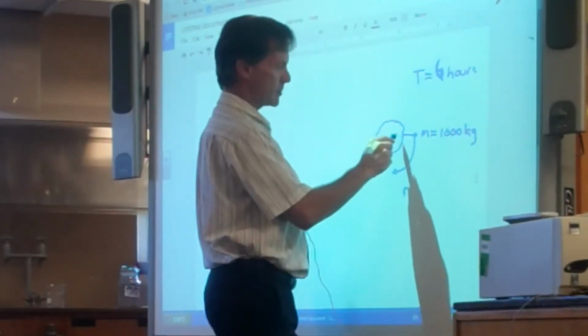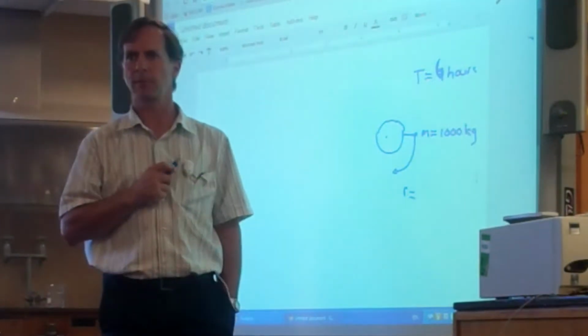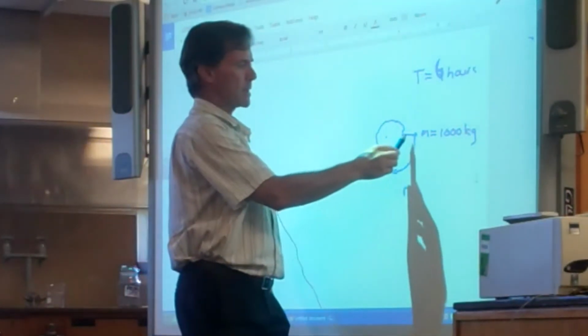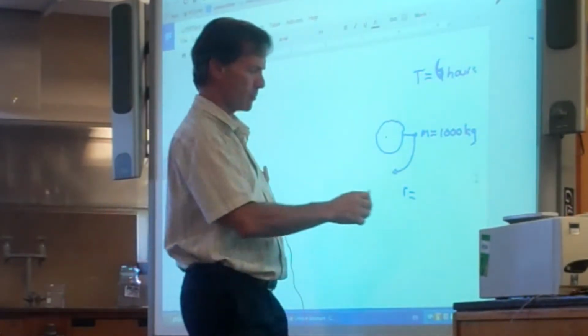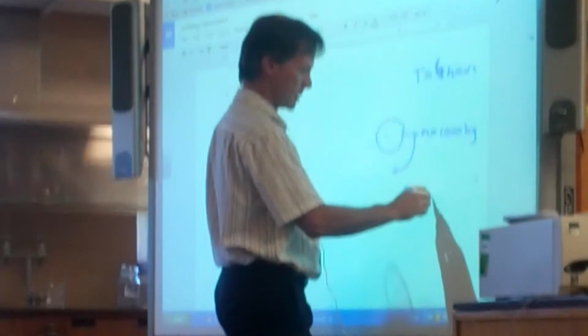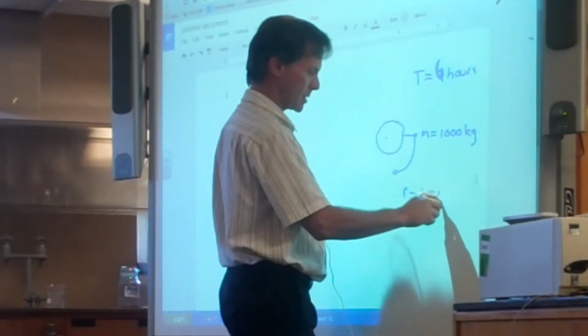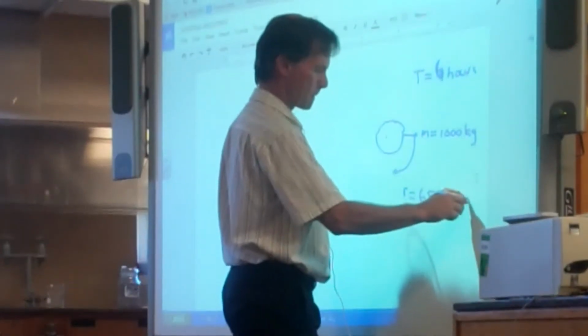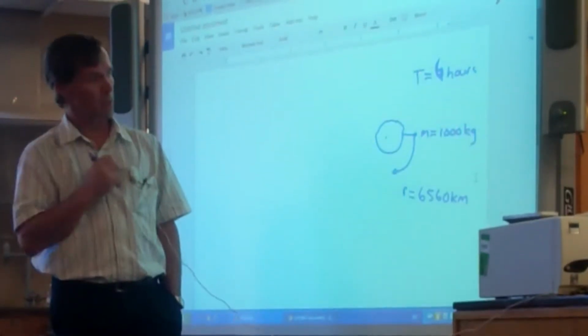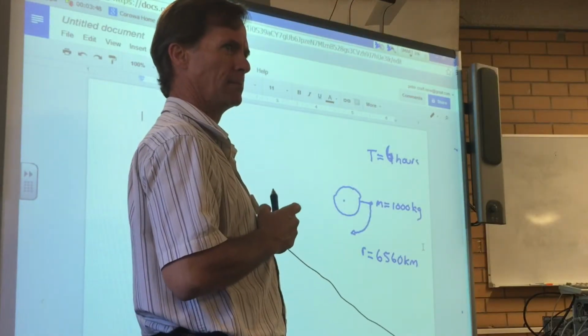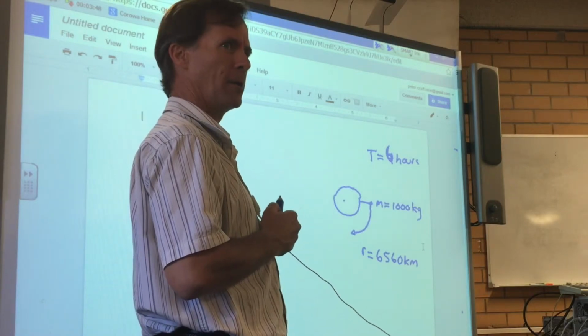So from there to there is 6,360 kilometres, plus another, let's say, 200 kilometres out to where it is. So we'll make that 6,560 kilometres. So what force is acting on this satellite?